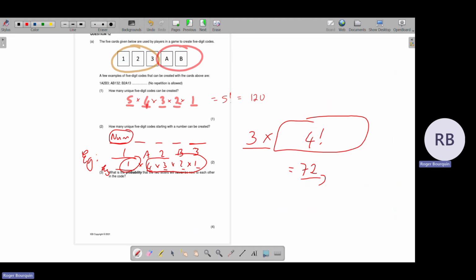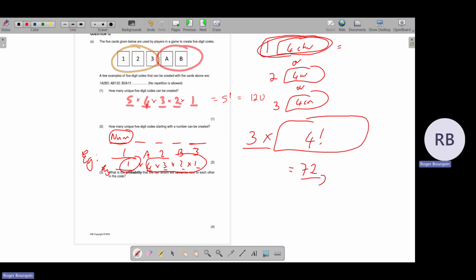Because you could have 1, and then 4 choices, right? Or you could have 2 and 4 choices. Or you could have the number 3 and 4 choices. And the number of ways you can arrange the 4 choices is 4 factorial, right? The number of choices you have for that arrangement would be 4 factorial.